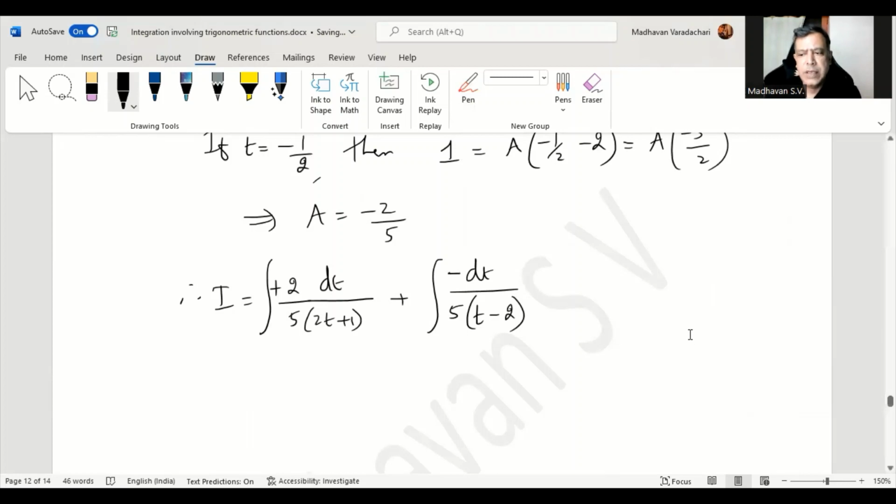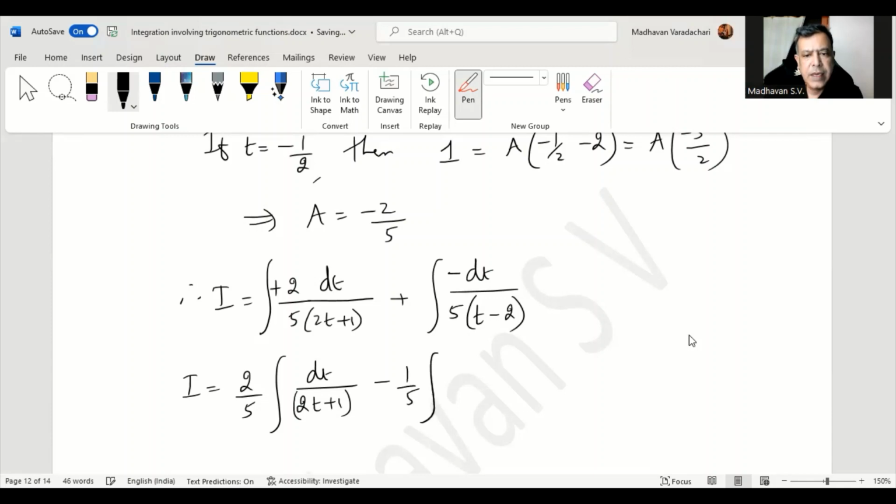So that means the result I will be 2 by 5 integral dt by 2t plus 1 minus 1 by 5 integral dt by t minus 2.